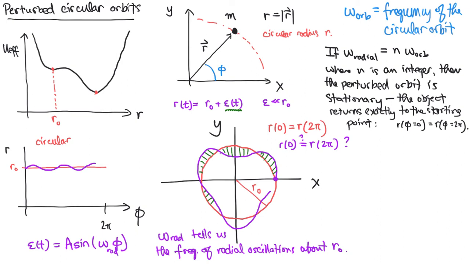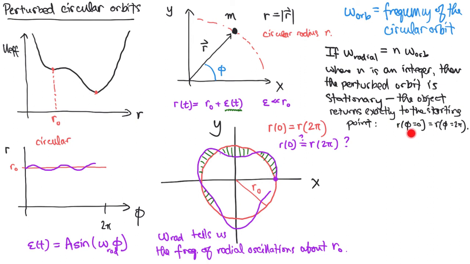So in that case, if we have a radial oscillation frequency that's an integer multiple of the orbital frequency, that means you're going to have one or more radial oscillations per orbit, and you'll have exactly an integer number of those oscillations per orbit, which means you're going to come back exactly to where you started. In other words, you'll have, in this case, maybe 1 cycle, 2 cycles, and then if this was exactly 3 cycles, you would end up exactly where you started.